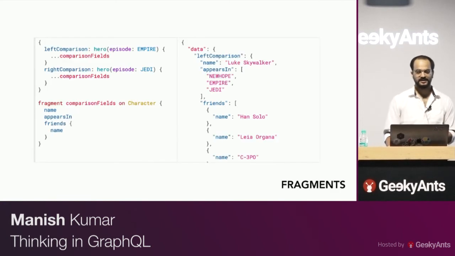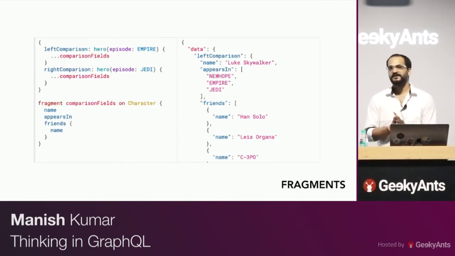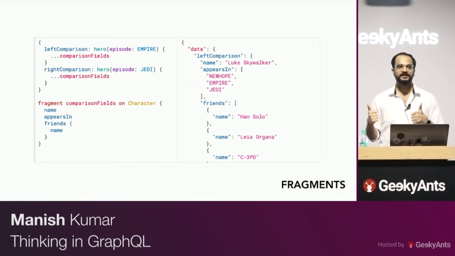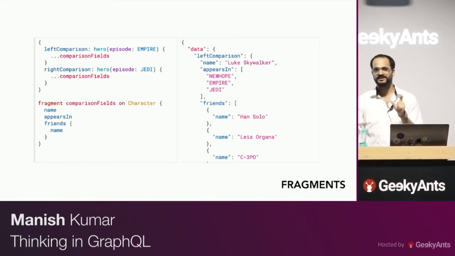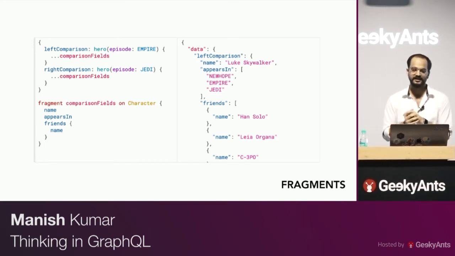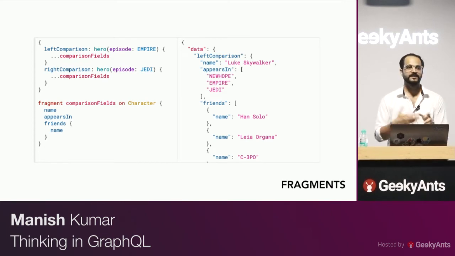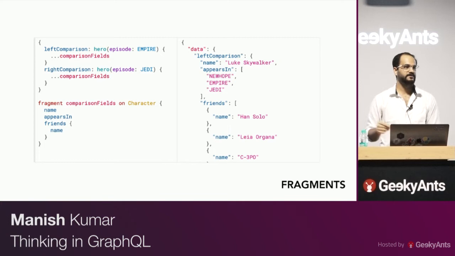The other piece is, let's say you have a website where you're going to show 2 hero characters side by side. How are you going to query them? Most probably you'll have to write the same query twice with just one difference, maybe the ID or maybe the name that you're asking for separately. So for that, there is something called fragments, which are units in GraphQL.